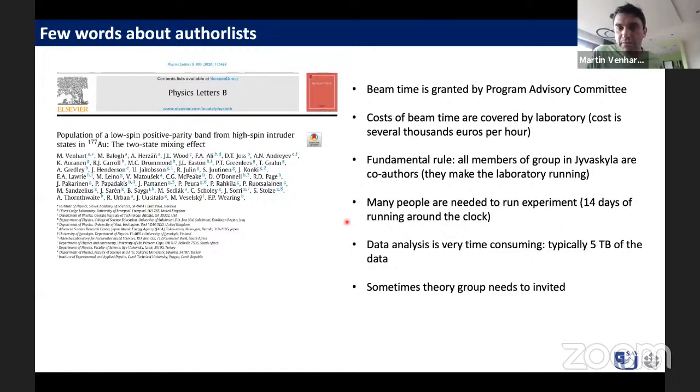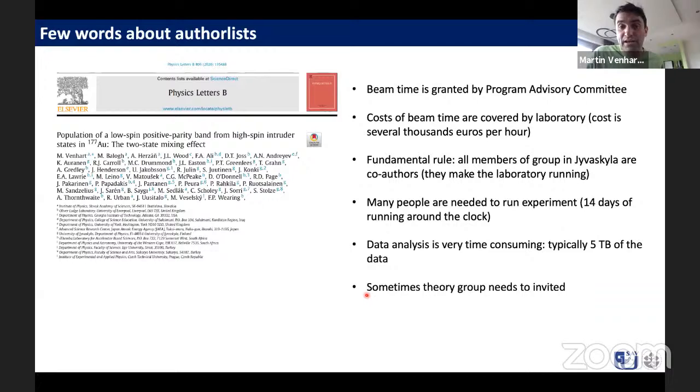And then you need to bring many people to run the experiment, because you are running for 2 weeks around the clock. You need to take care all the time with 2 people taking care. And the data analysis is very time consuming. Typically, we are getting like 5 terabytes of data per week. And that's why it takes several years really to calibrate each channel of electronics.